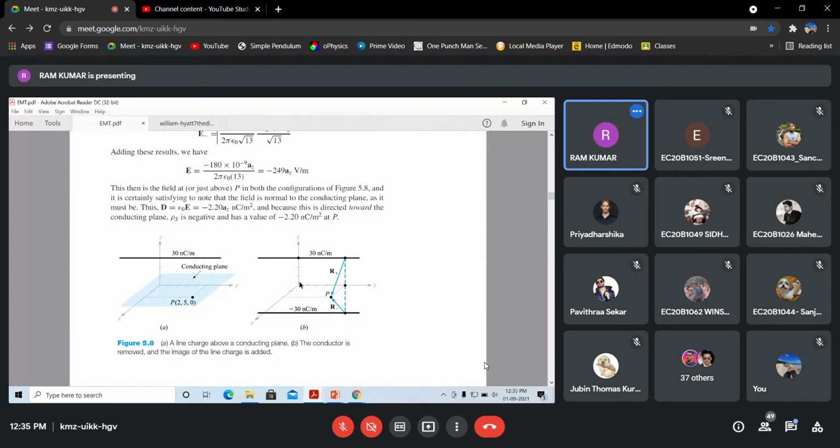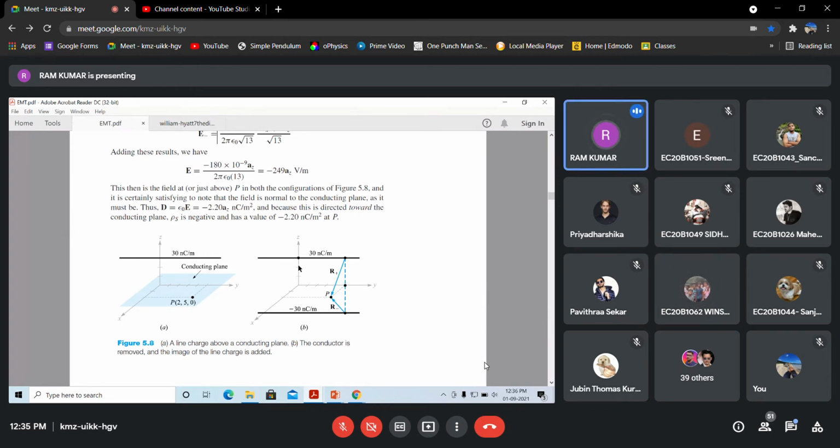Similarly, along the Z axis it's 3 AZ. Is it plus 3 AZ or minus 3 AZ? Minus, sir. Why is it minus? Sir, from the line charge, it is going along the negative z axis.